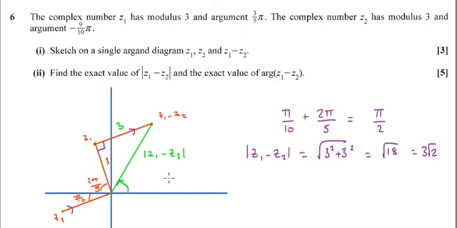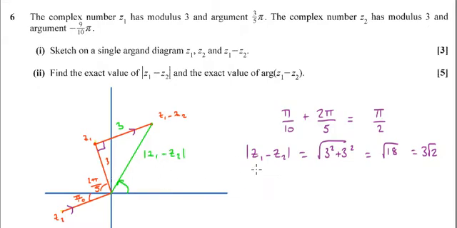The argument of Z, well, how can we find that? We know that all of this angle would be pi over 2. No, it won't, it'd be pi, sorry. Pi radians. So if we can work out this gap here, the angle that the triangle makes, we can take that away and we can take the 2 pi over 5 away, and that will leave us with this green angle here.